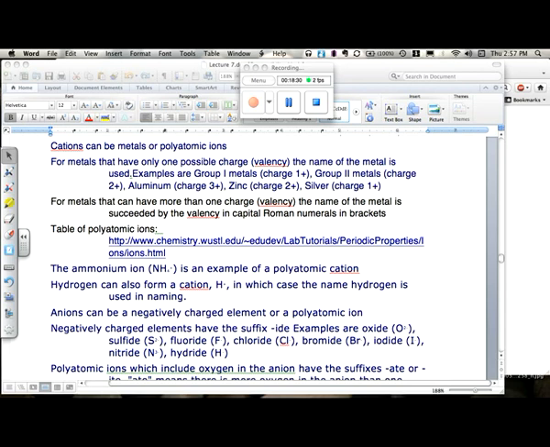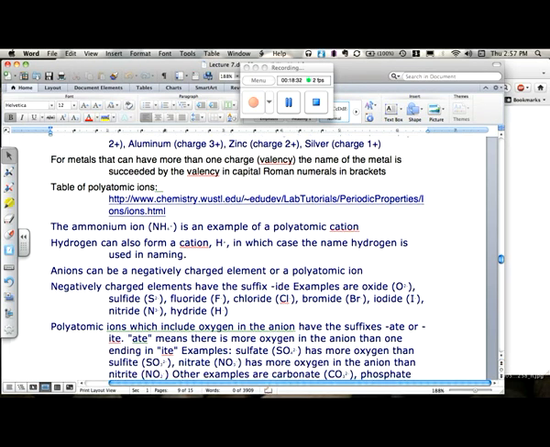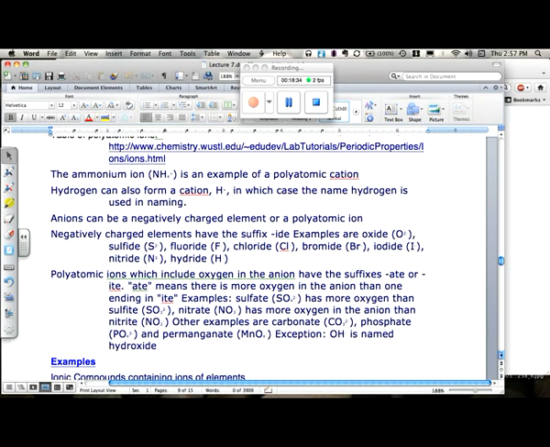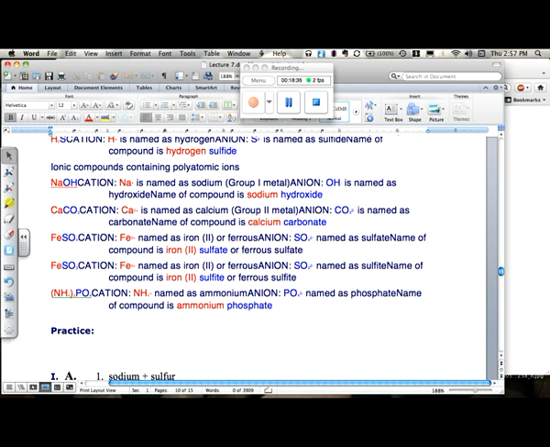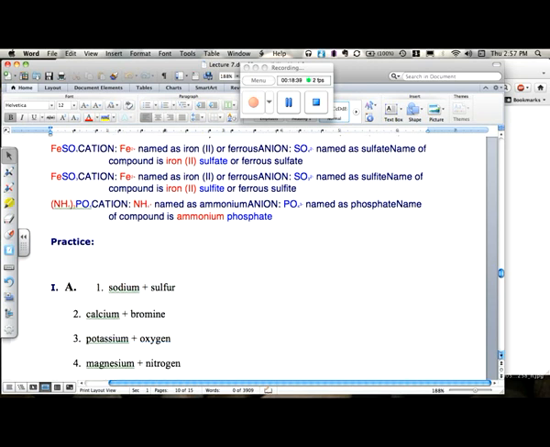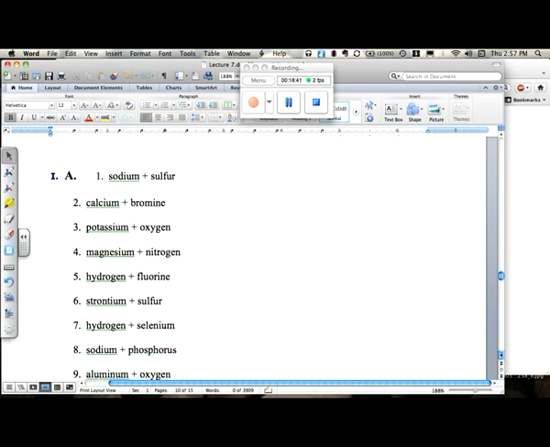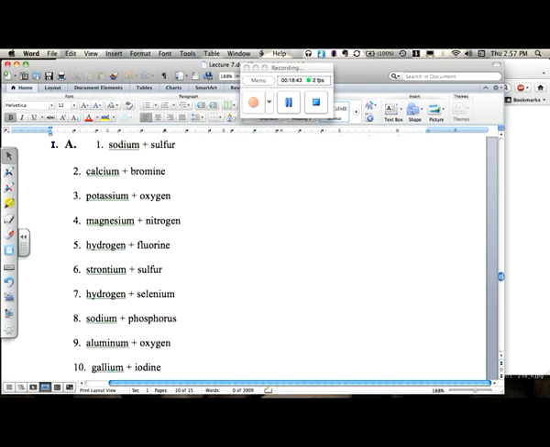I'll do the single atom ions or monatomic ions first, and then we'll come back to those. All right, so group A here on our practice is exactly that. It is monatomic, meaning just one element. One element of a metal, one element that's a nonmetal, and so on.